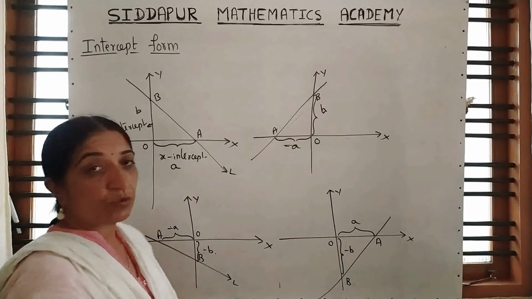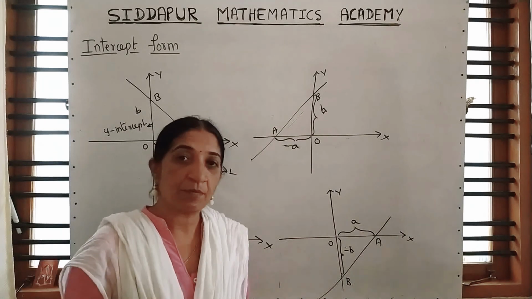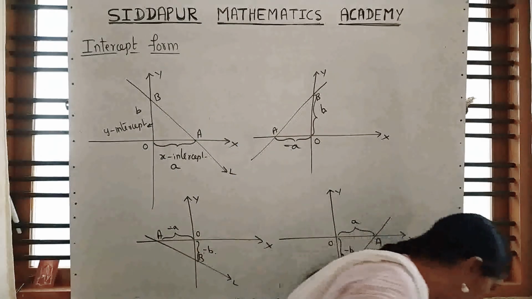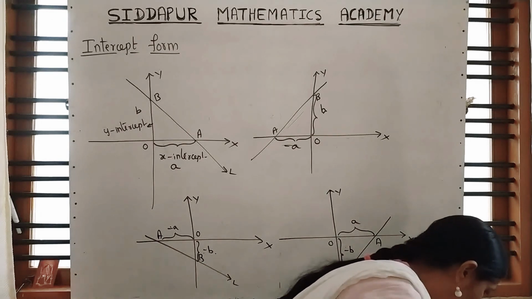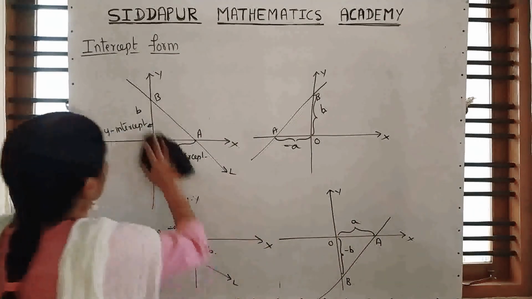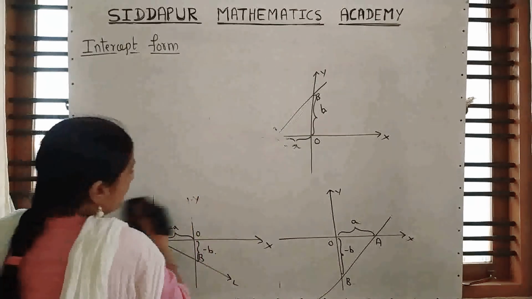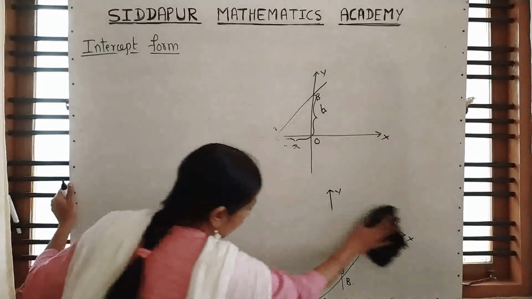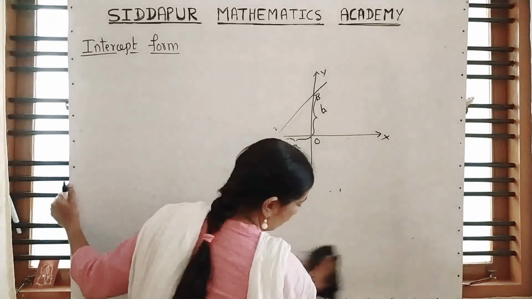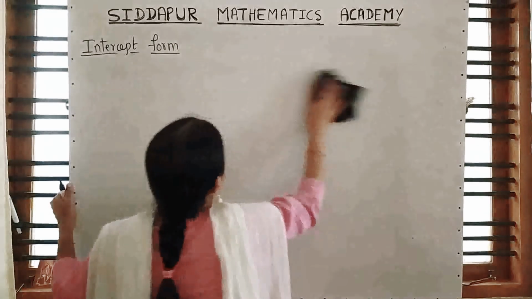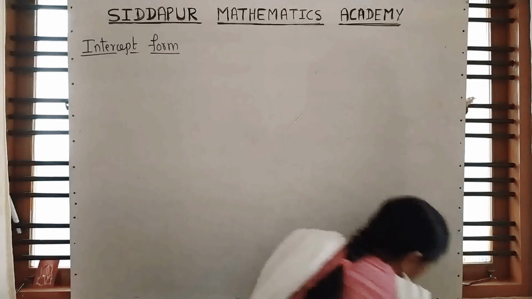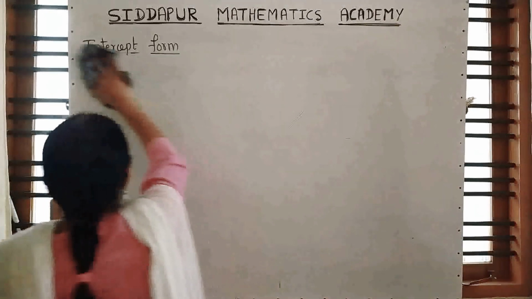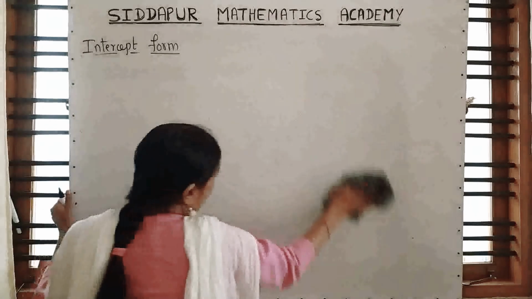Now I am giving you the derivation of the intercept form of a straight line. We always derive the formula in the first quadrant, because in the first quadrant all values are positive. We will get the standard formula, that's why.